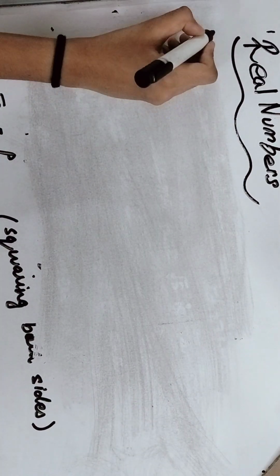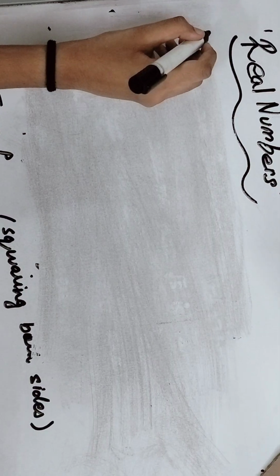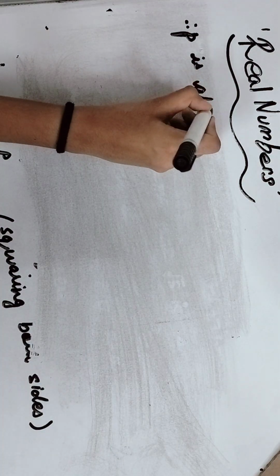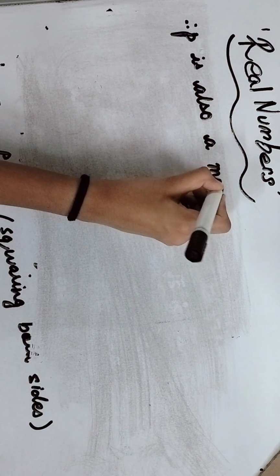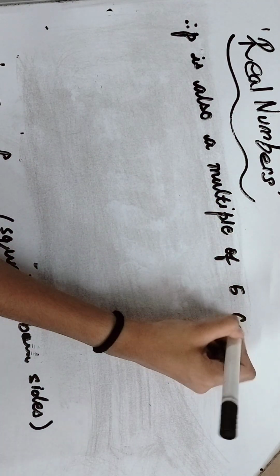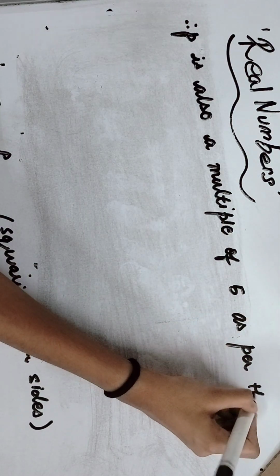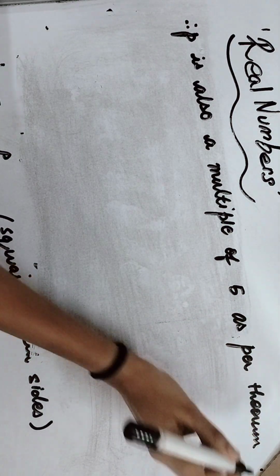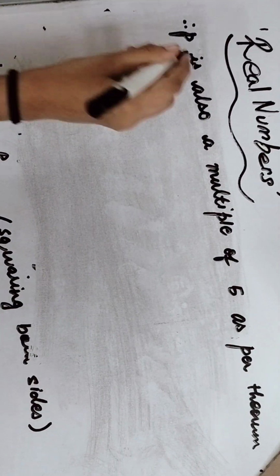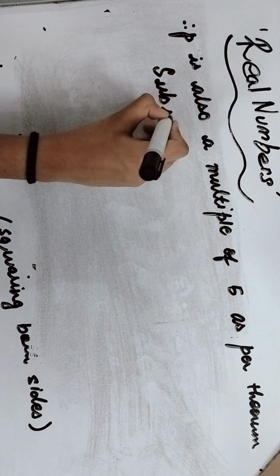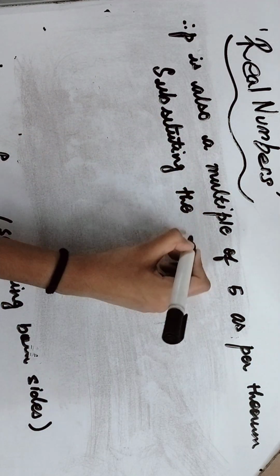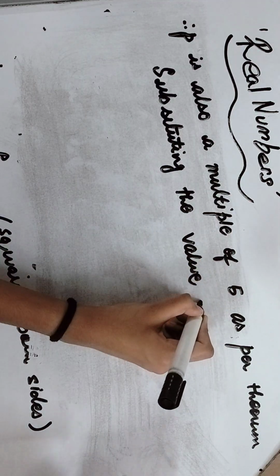So p square is a multiple of 5, and p is also a multiple of 5 as per the theorem. We have theorem 1.2, which says that if p square is a multiple of 5, then p is also a multiple of 5.